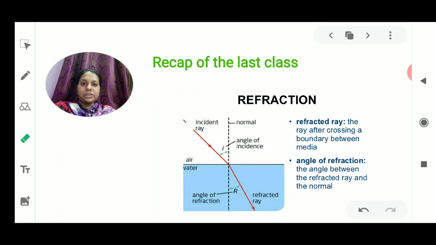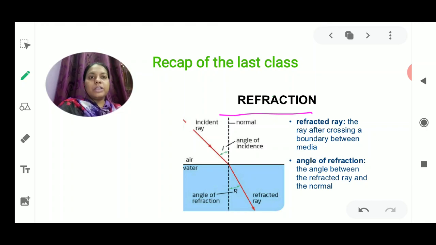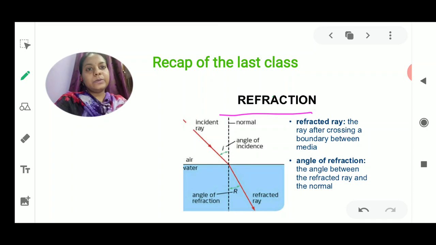This diagram shows the refraction of light when it takes place in a medium. I told you about the rarer and the denser medium, and here in the diagram I can show you what they are. A rarer medium is a medium where the density of molecules is less and the speed of light is more.